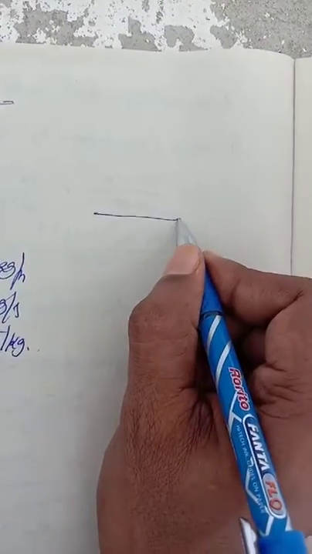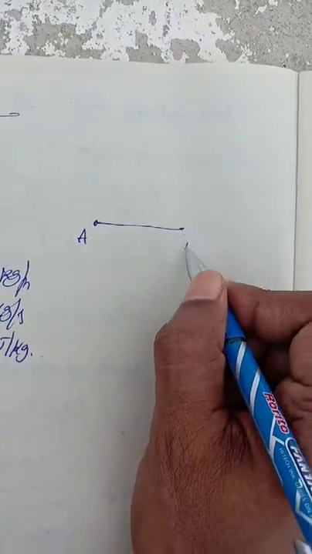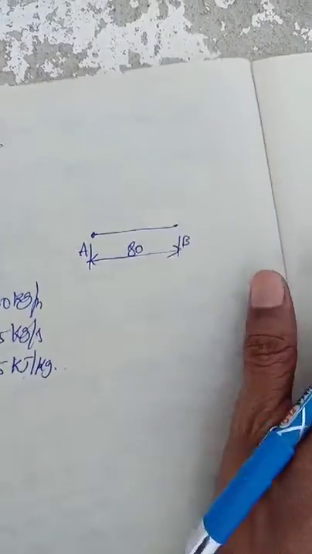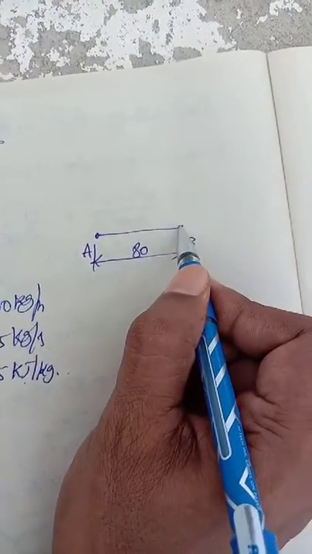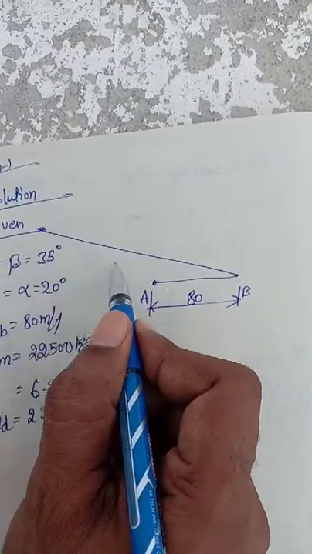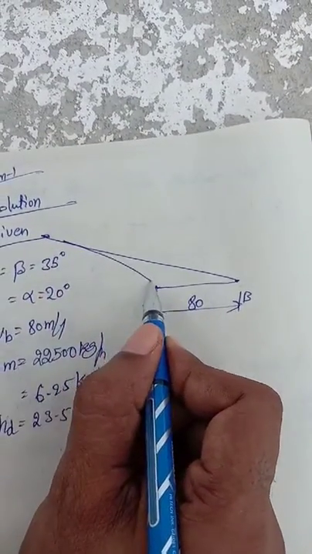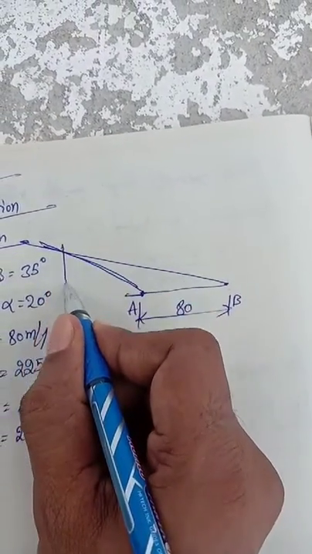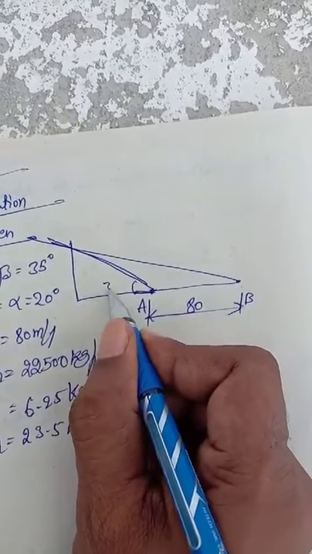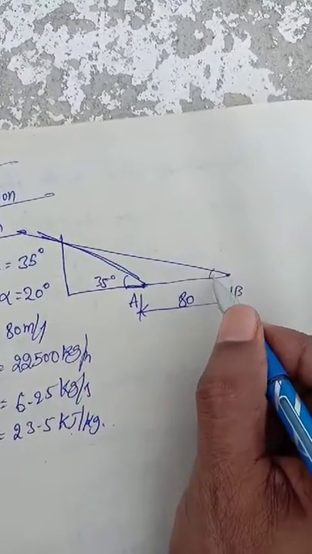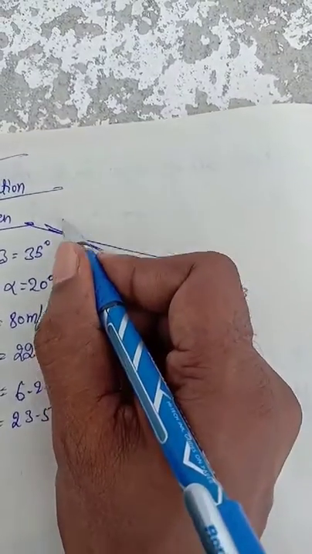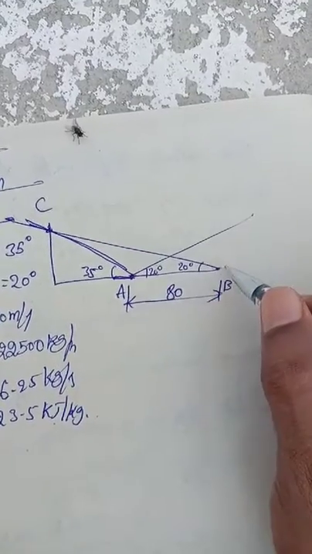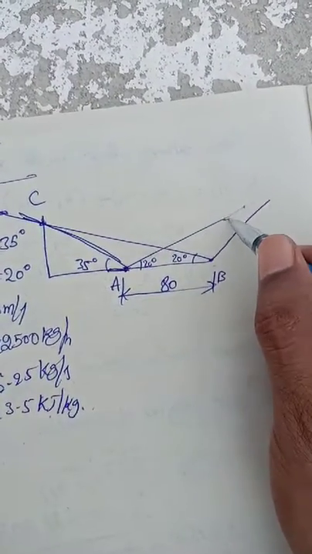Now here I draw the velocity diagram, the compound velocity diagram. This is given as 80. Now this angle we take 20 degrees, and this one 35 degrees. This is 35 degrees, this is 20 degrees, and now this point is C. Now here also 20 degrees, and here also we take 35 degrees.